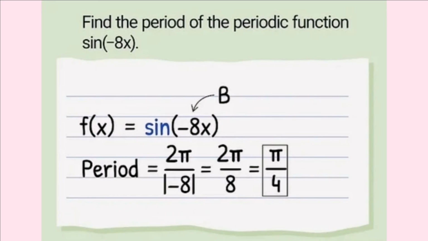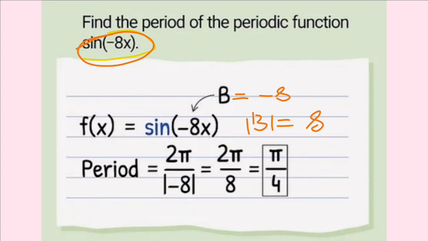Now, find the period of the periodic function sin(-8x). Again, if we compare this function with the general form, the value of b will be equal to -8, but we know that |b| is equal to 8 by the definition of absolute value.